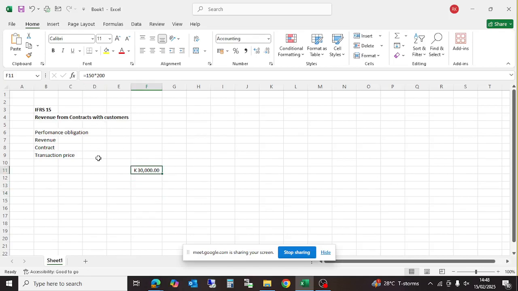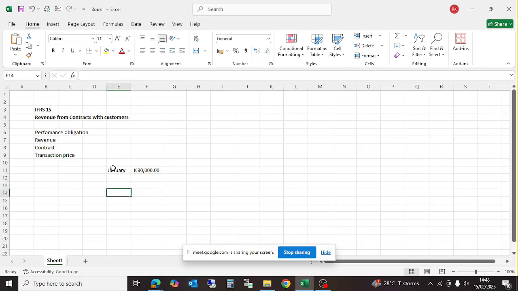Let's imagine this is January. This transaction is happening in January. The customer pays us the 30,000 kwacha for 200 bags of cement at 150 kwacha each.